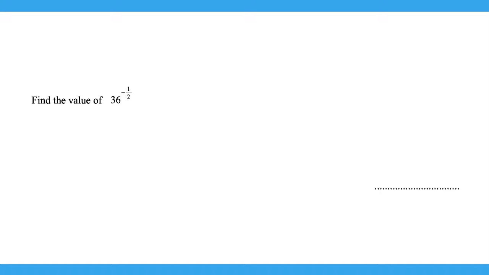Now it's a negative fraction, 36 to the power of negative a half. So every time, deal with the negative first. So what does negative mean? You need to find the reciprocal. Okay, and that's what we're going to do. So 36 will become 1 over 36 to the power of a half, because we've just found the reciprocal.